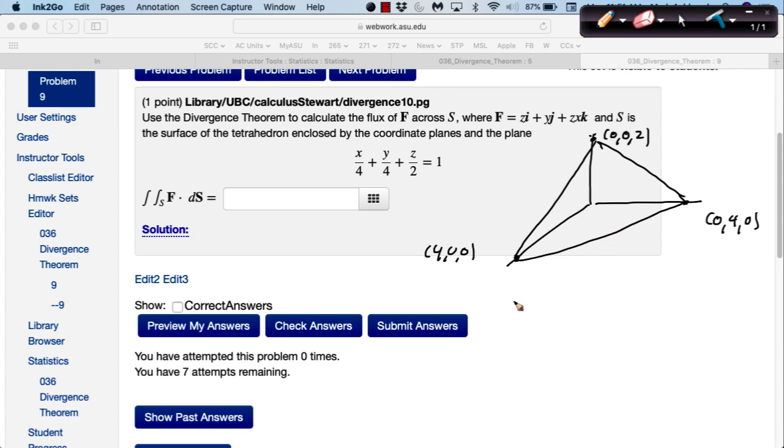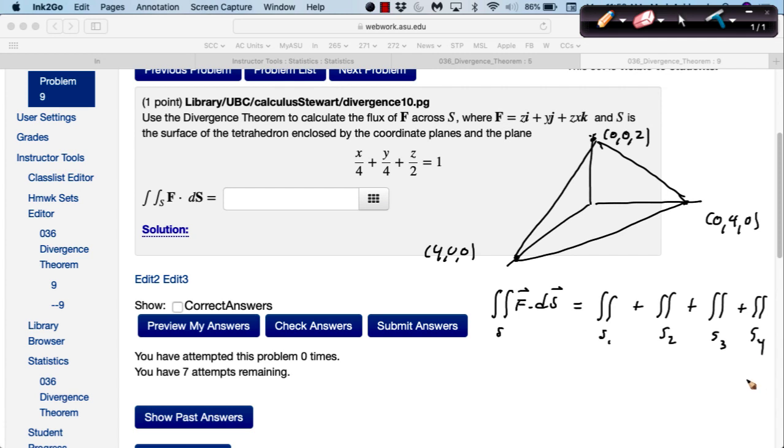So what would calculating the flux across S mean? If I want to do the flux through that closed surface, the outward flux, it would mean 4 flux integrals, right? So we have to parameterize each.